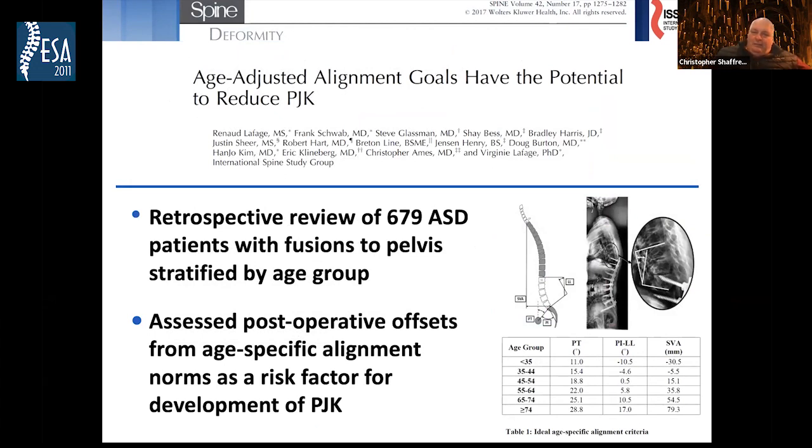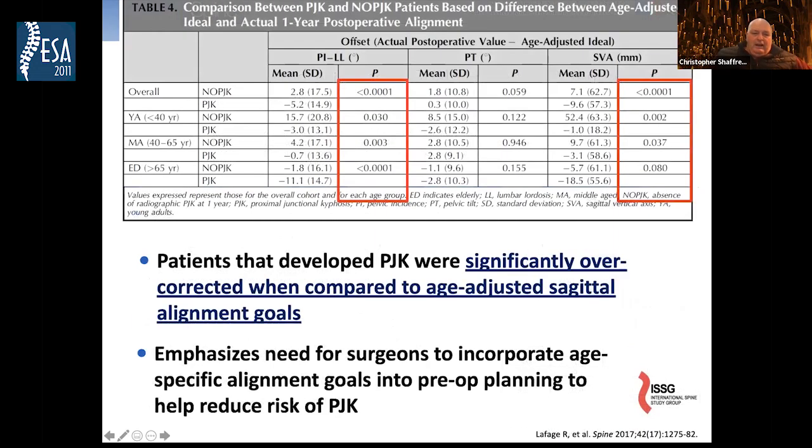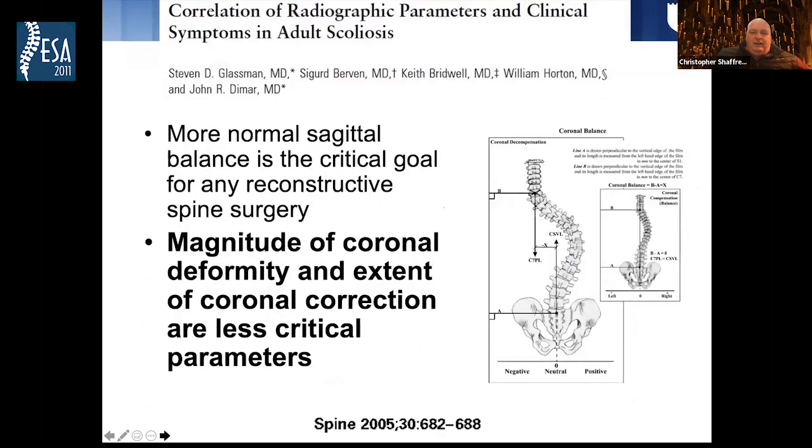The last slides or two, I think that there's been an underestimation of the importance of coronal deformity, and particularly as far as improving and correcting the lower fractional curve at the lumbosacral junction. And what has been shown is that we as a community have generally done a relatively bad job.